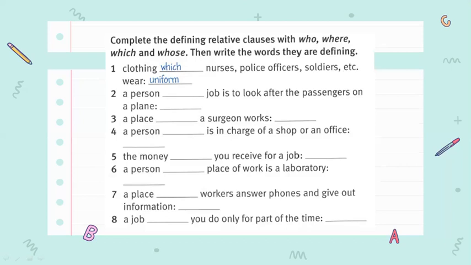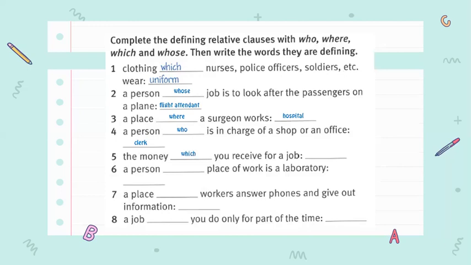Now let's check. A person whose job is to look after the passengers on a plane. A flight attendant. A place where a surgeon works is a hospital. A person who is in charge of a shop or office is a clerk.